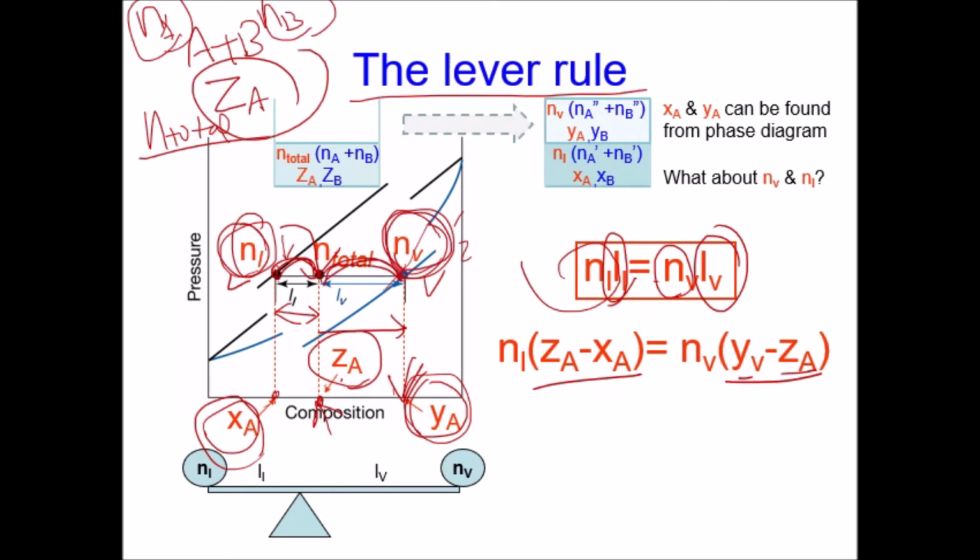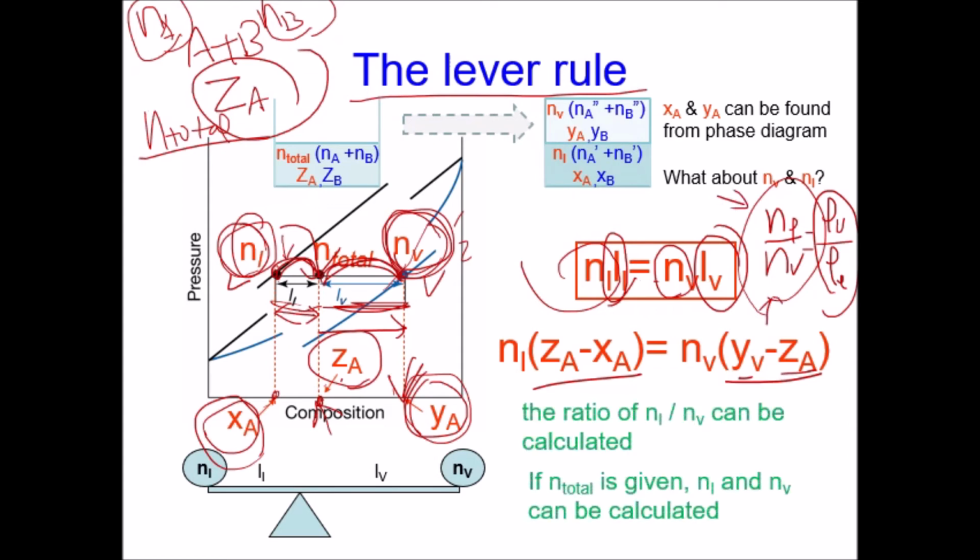Now using this equation, we can calculate the ratio of the amount of substance in the liquid and in the vapor phase, which equals LV divided by LL. LV and LL can be measured from this phase diagram, and then we can calculate the ratio of the amount in the liquid and in the vapor phase. Now, in order to find exactly what the number of moles in the liquid and in the gas phase is, we need one more equation.